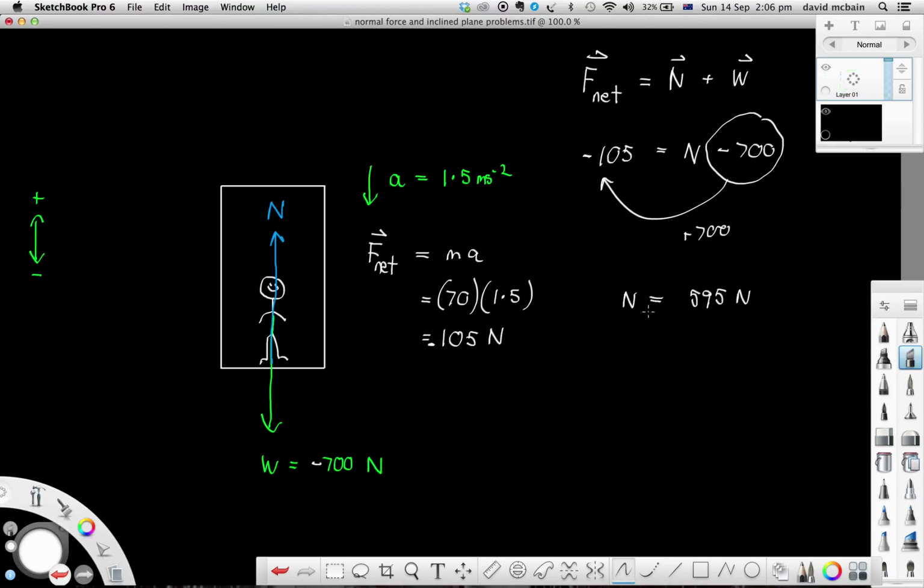Okay, and that means we know what the net force is, we know what the normal force is, and it's a positive value because it's acting up. We can now work out the number of G's.